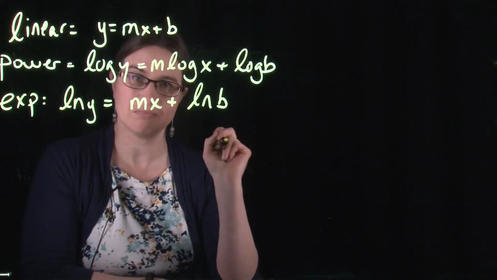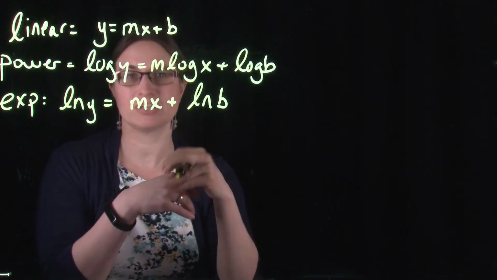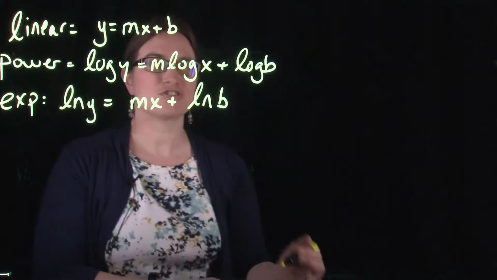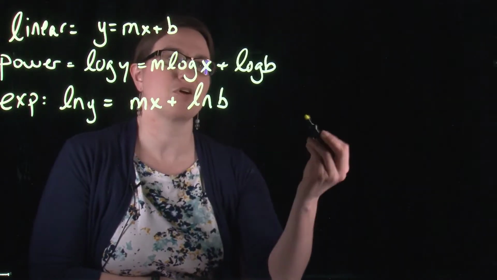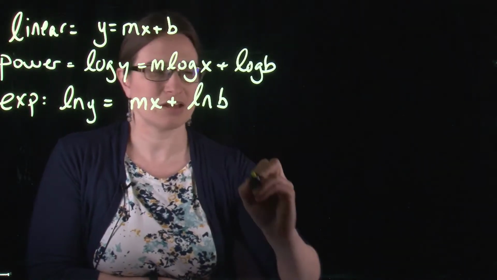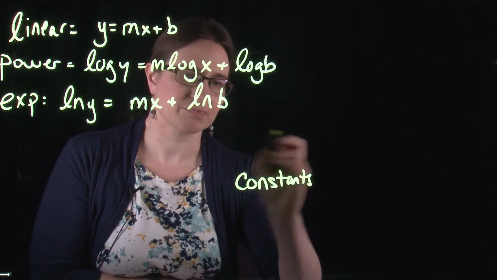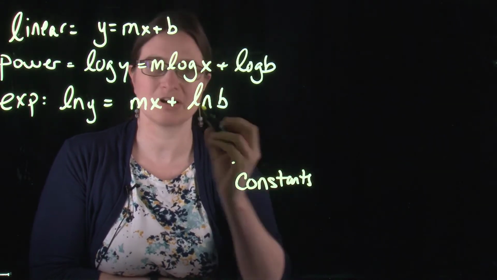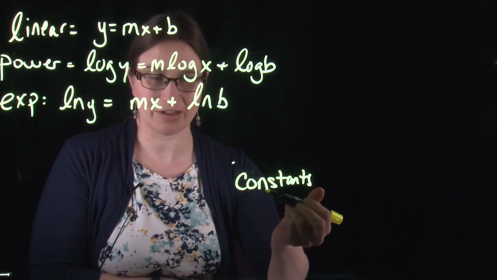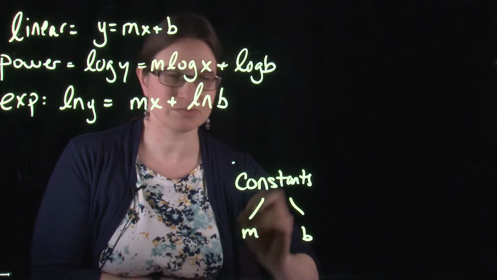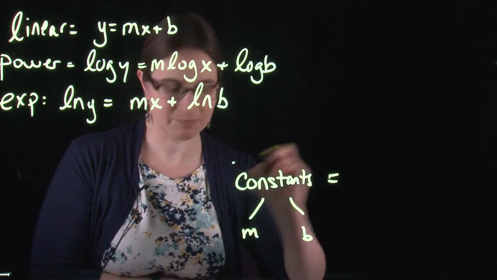So as we put them into MATLAB and use the polyfit function, it changes how we use the function. So in general, the polyfit function follows this format. So we have the constants, okay, which are going to end up being the m and b values. So there'll be 2 from this equation.